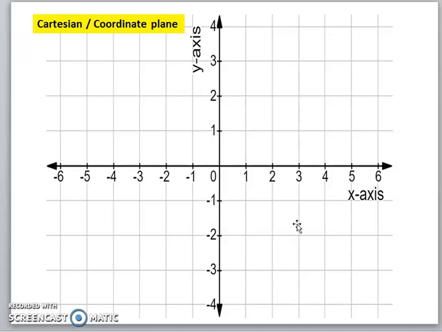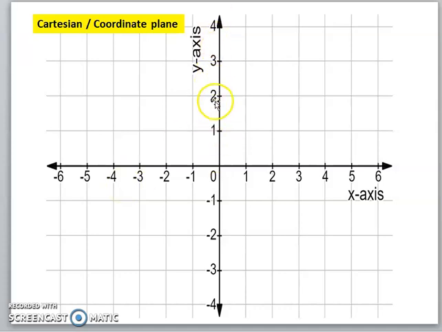So this is how the coordinate plane or the Cartesian plane looks like. It has one x-axis. Now this is nothing but the number line which you have already learnt. It has 0 in the center and it has positives on the right hand side and negatives on the left hand side.